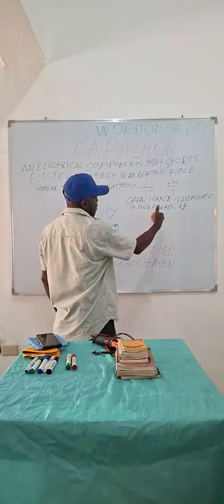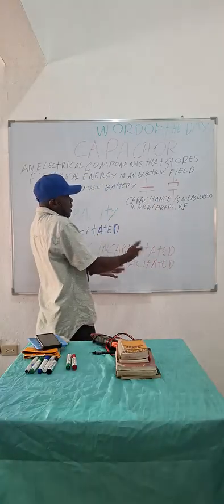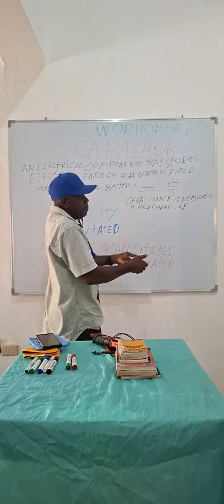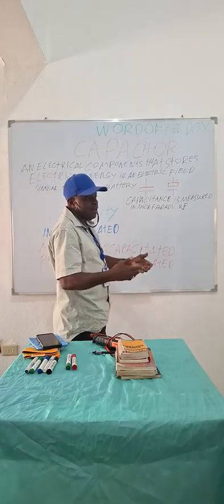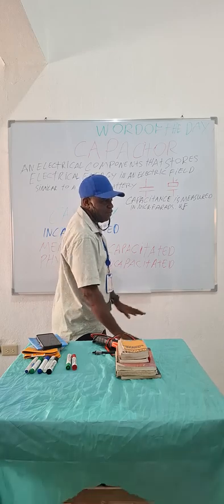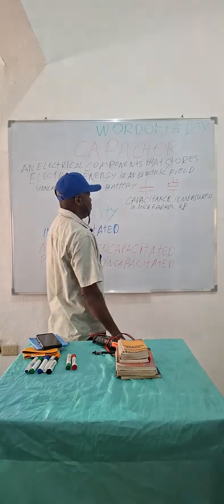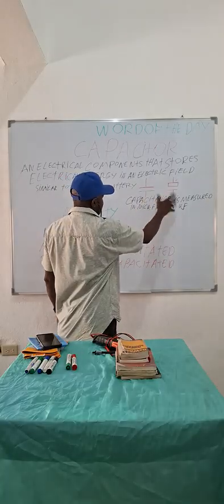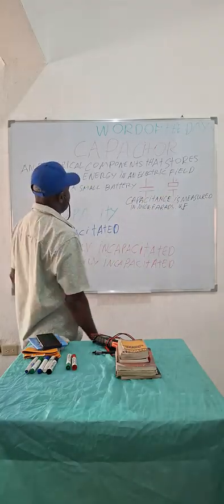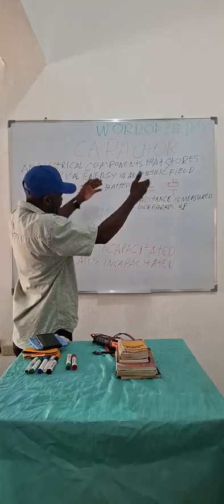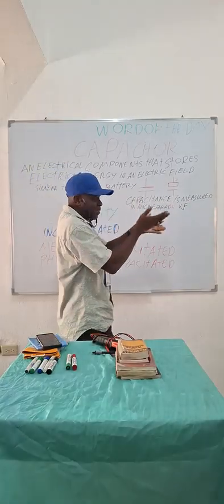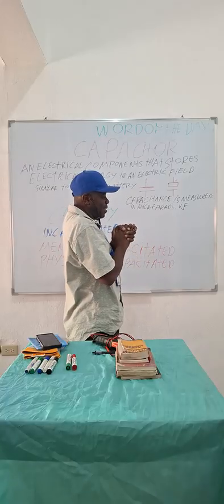And capacitance is measured in farads, but normally it will be microfarads and nanofarads, and picofarads if you're dealing with very small amounts, right? So, as I say, remember, the capacitor is the electronic device that stores electrical energy, right?